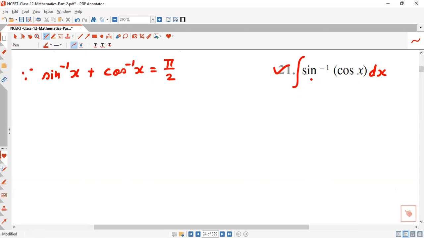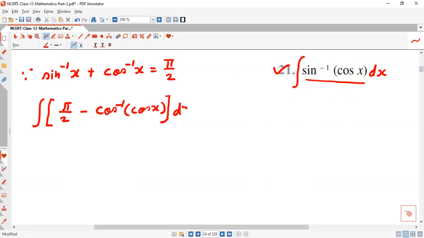So the integration of sin inverse cos x can be written as the integration of pi by 2 minus cos inverse cos x, dx. Now you also know that cos inverse cos x equals x.